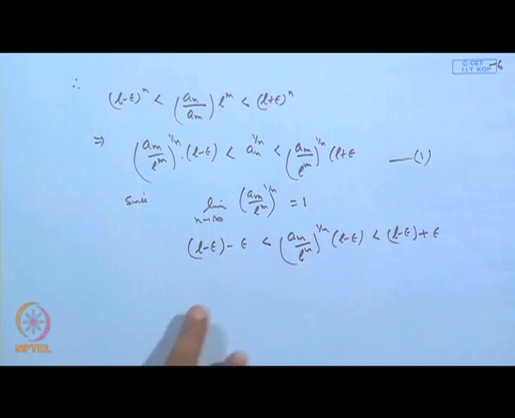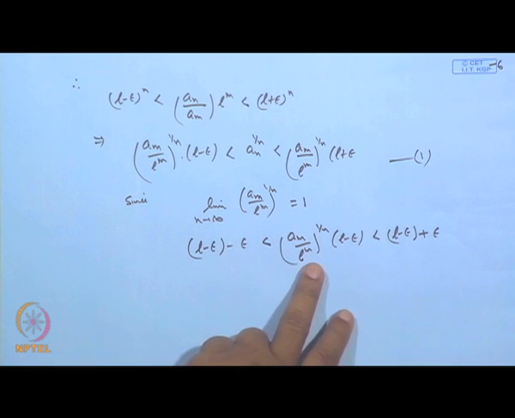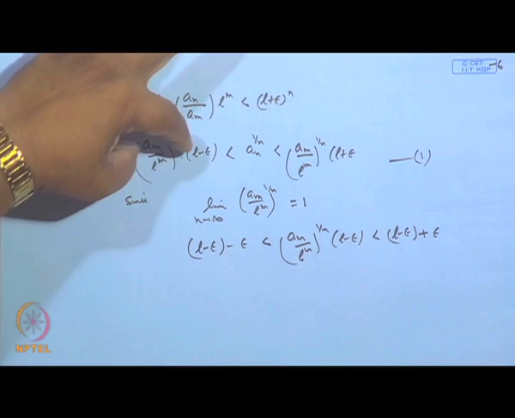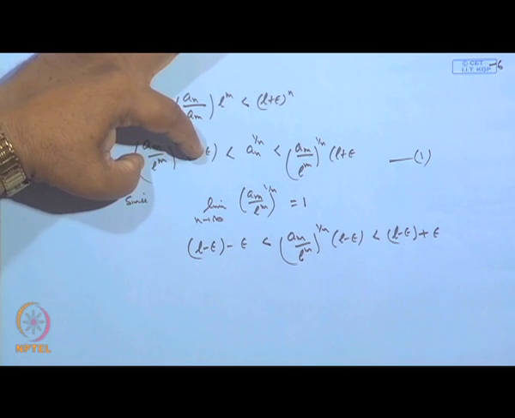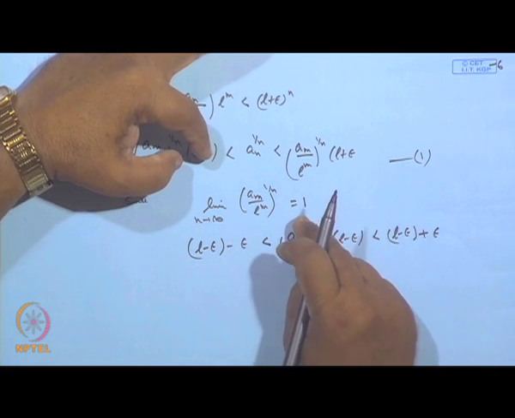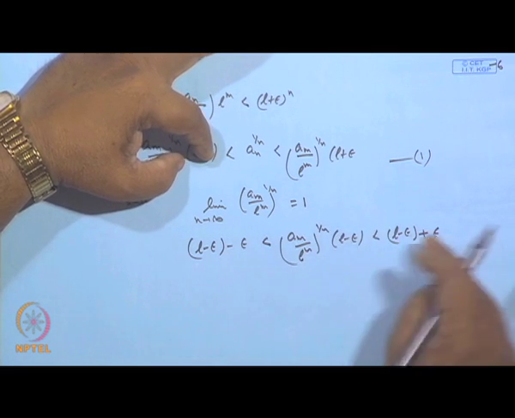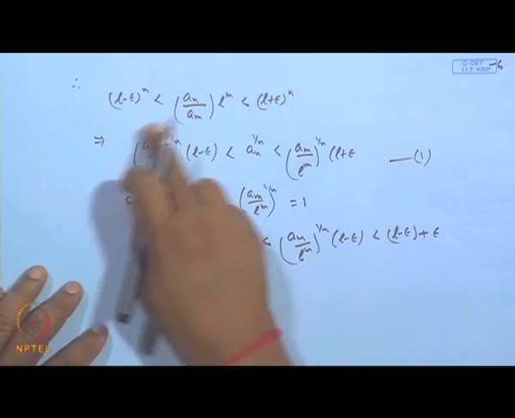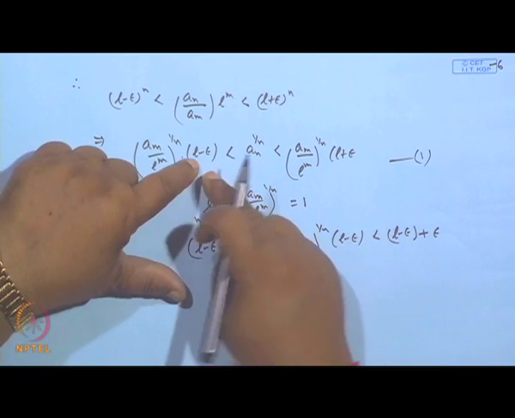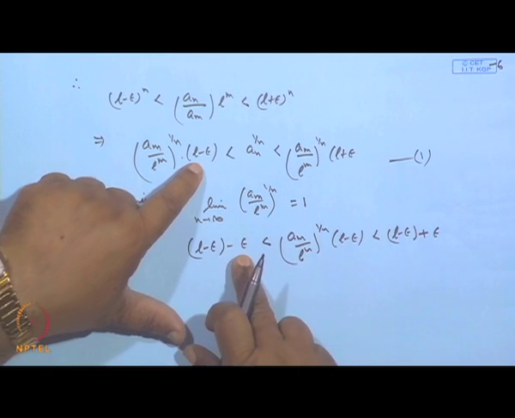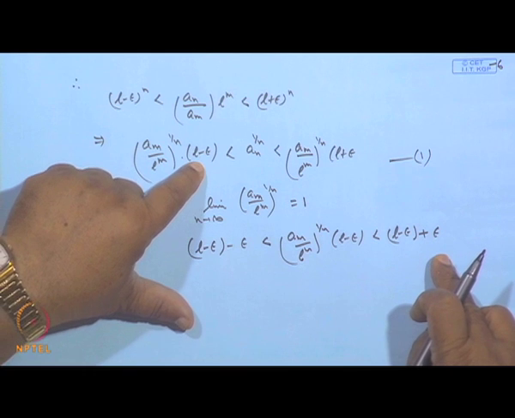This (a_m over L^m) to the power 1 by n tends to 1 basically, so this limit will go to (L minus epsilon) L only. So this total thing will lie between L minus epsilon L and L plus epsilon L.